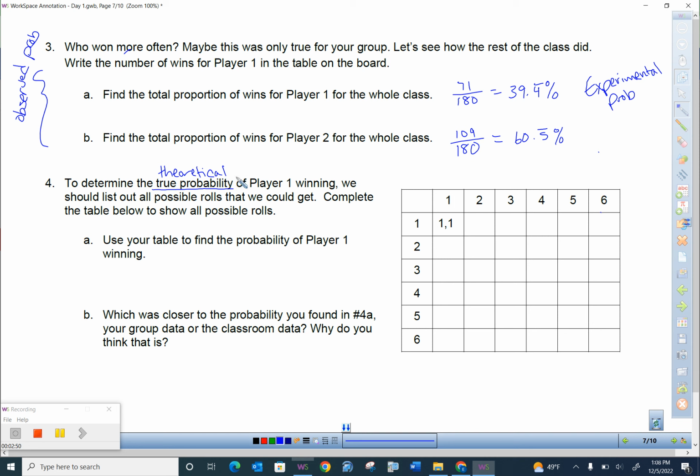Okay, but to do that, we're going to list out all the possible options that can happen when you roll 2 dice. So you could get a 1 with a 1, 1 with a 2, all the way through. We could get 2 with everything. And I want you to continue filling this out all the way through.